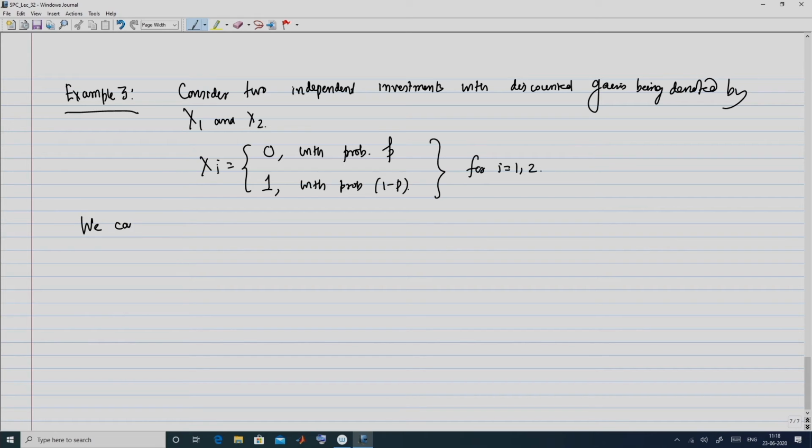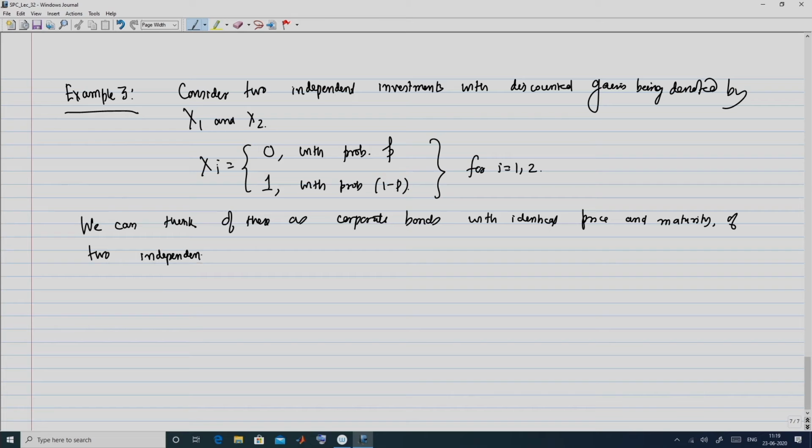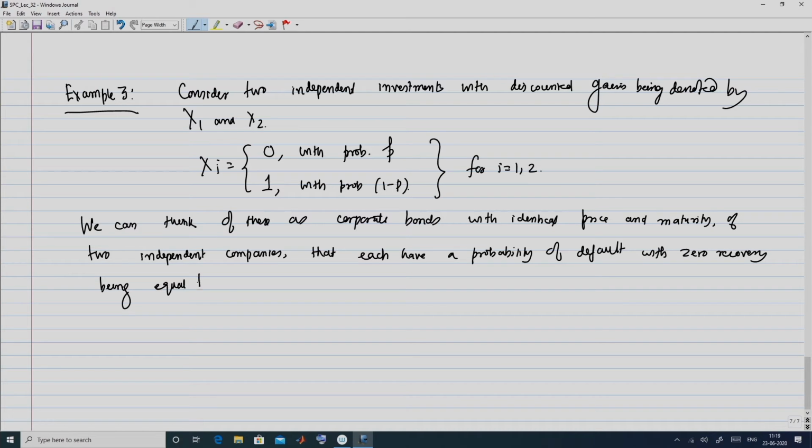So, to relate this example to real life, we can think of this as corporate bonds with identical price and maturity of two independent companies that each have a probability of default, with 0 recovery, being equal to p.